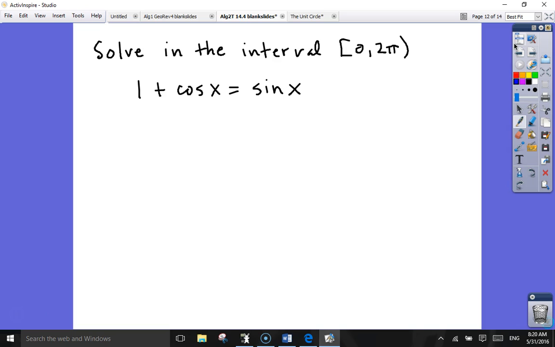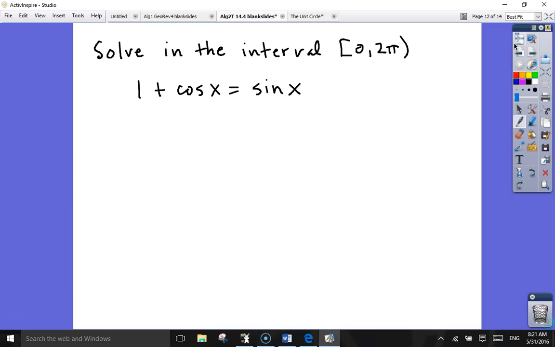At this point, if you're going to isolate a trig function, we've got 2 different trig functions, so we got to figure out a way. It's a sine and a cosine. Somehow I've got to make this into one kind of function.